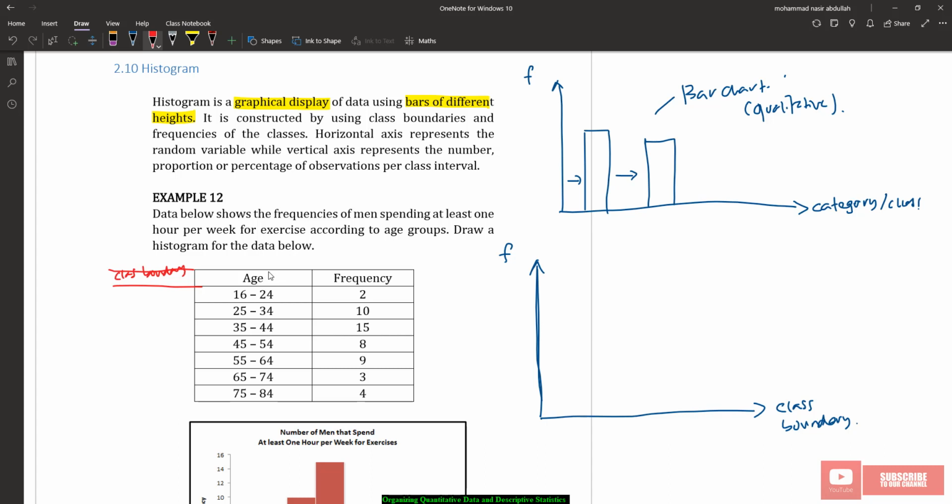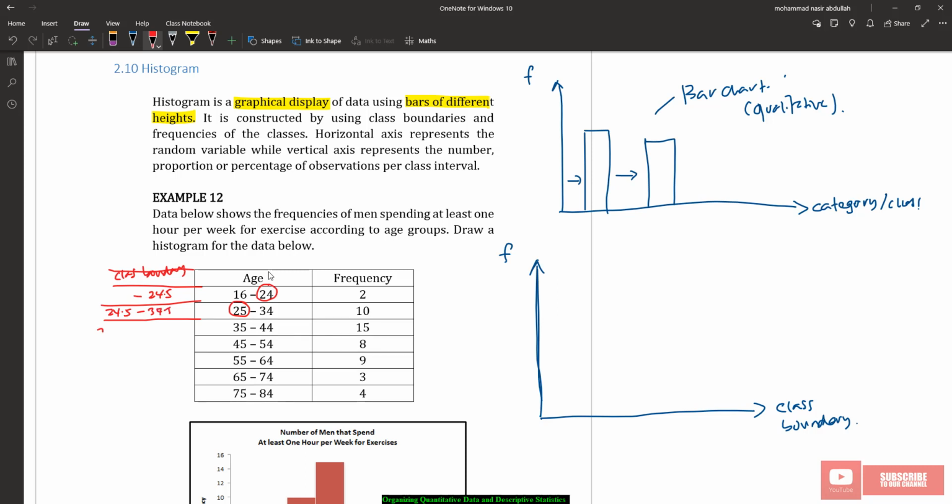So let's look at the upper class limit for the first class and the lower class limit for the second class. To create a class boundary, 24 plus 25 divided by 2. So you will get 24.5. And the second class would start from 24.5 and so on.